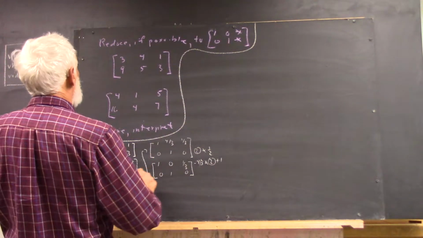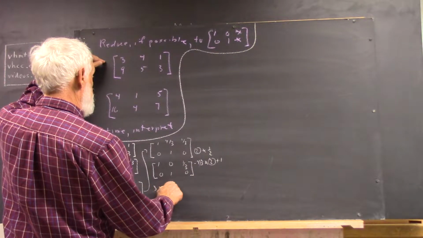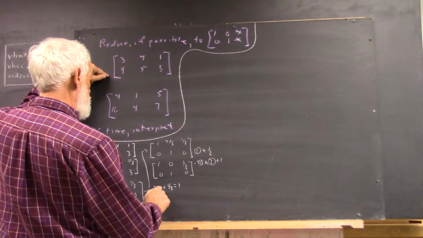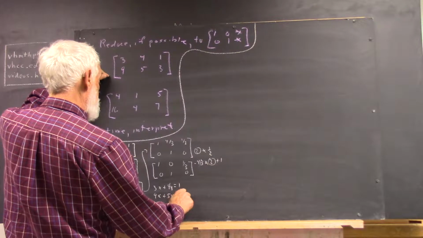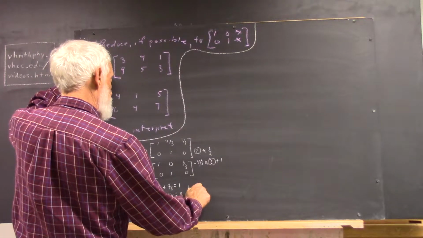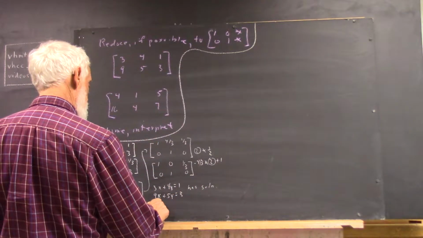Okay, this says, well, first of all, the original system, 3x plus 4y equals 1, 9x plus 5y equals 3, has the solution that's indicated by this, okay?